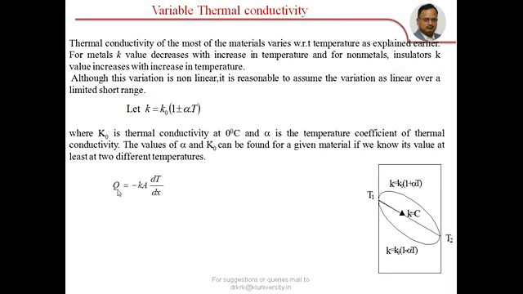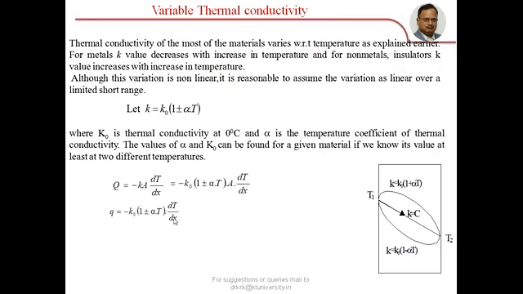And we know the Fourier law of conduction, for a one-dimensional heat transfer problem. It says Q equal to minus K A dT by dx, temperature gradient in x direction, where K is equal to K naught into 1 plus or minus alpha T, so Q equals minus K naught into 1 plus or minus alpha T, A dT by dx.